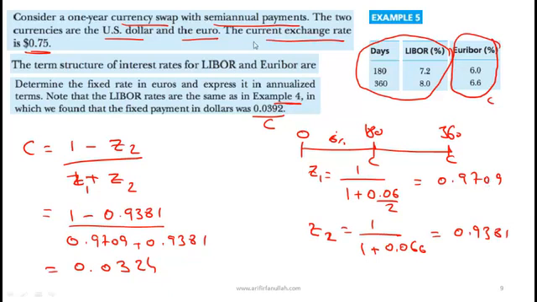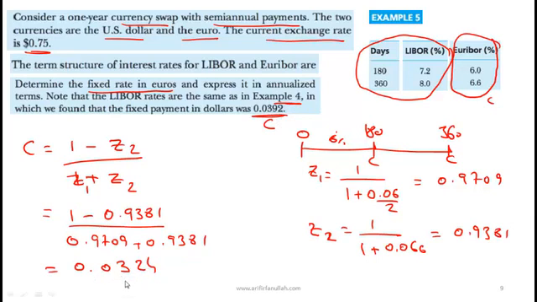Okay, so is this the fixed rate in euros? If we have a fixed currency swap, what is the 6-month rate paid by the counterparty that borrowed dollars? For every dollar borrowed, the dollar party is paying 0.0392 and the euro party is paying 0.0324.